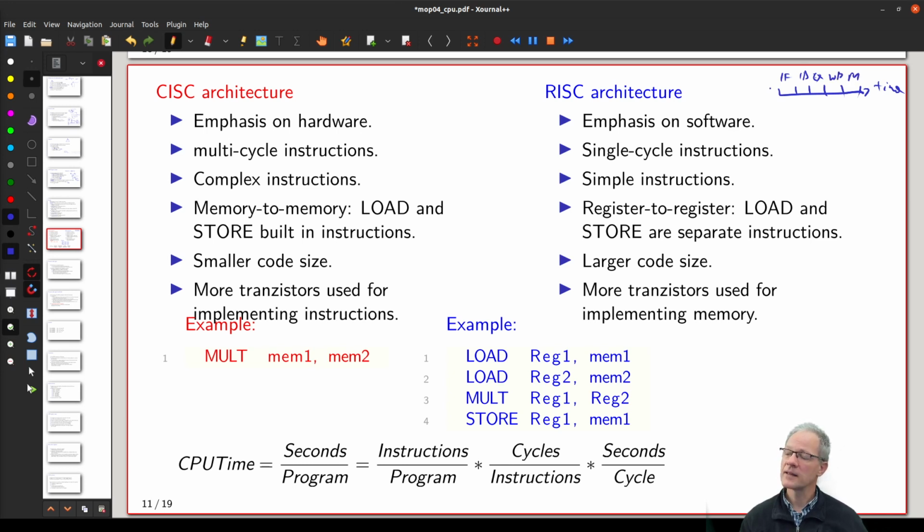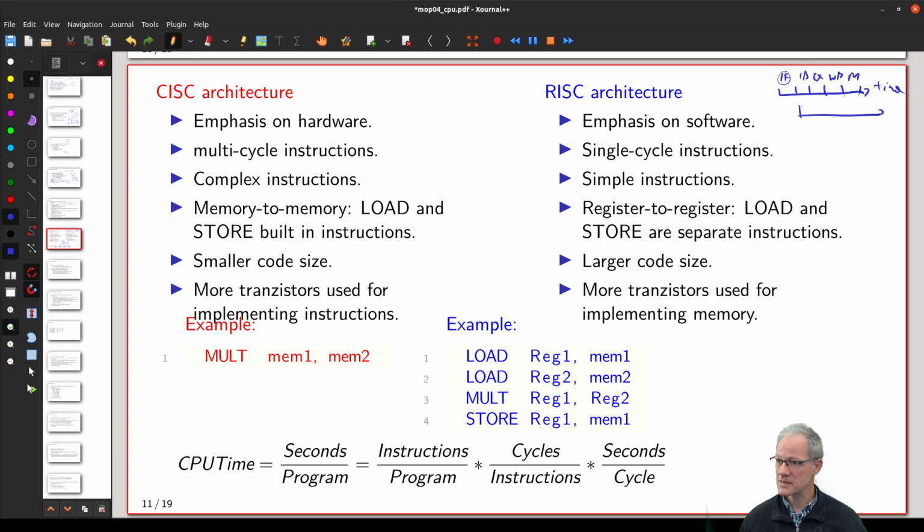And we can actually start overlapping instructions. In the CISC world, we would probably have to wait for the first instruction to complete before we can do the second one. In the RISC world, we can overlap. We can start the next instruction before the previous one has finished.